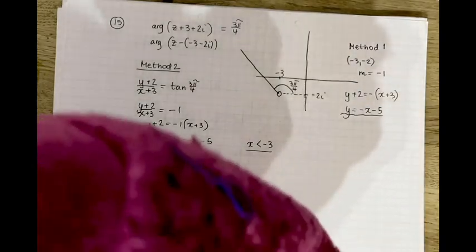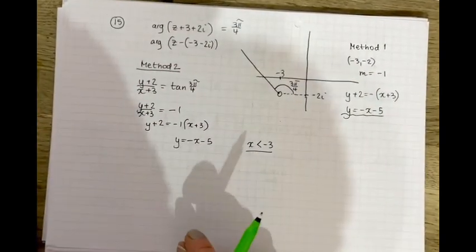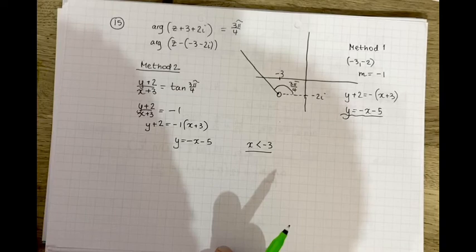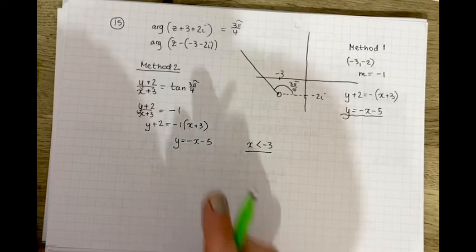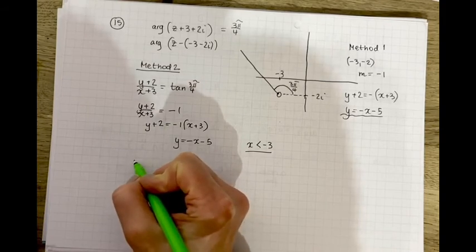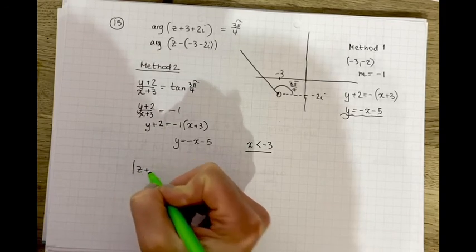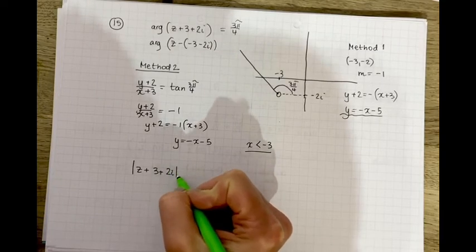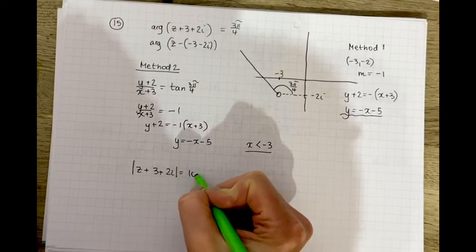So that was part B, to find the Cartesian equation. Part C, find the complex number z that satisfies the modulus of z plus 3 plus 2i is equal to 10, and also lies on that line. So the other equation is modulus of z plus 3 plus 2i equals 10.